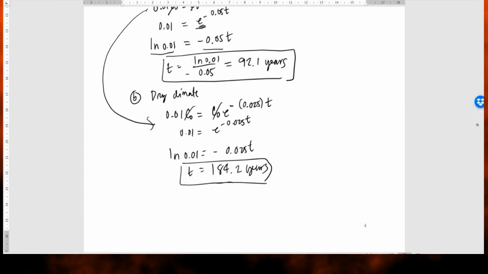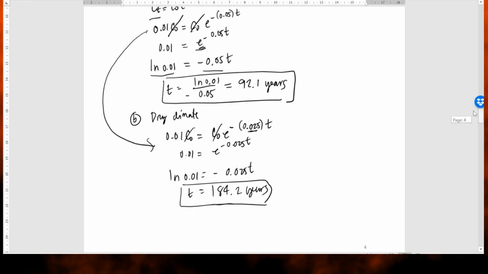So you can see the effect of the wet and dry season, but of course this is just too long. The K value in this example may be too low. But this example shows you the effect that the dry and wet conditions have on the decay of particular material. So that's an example for this reactor problem.